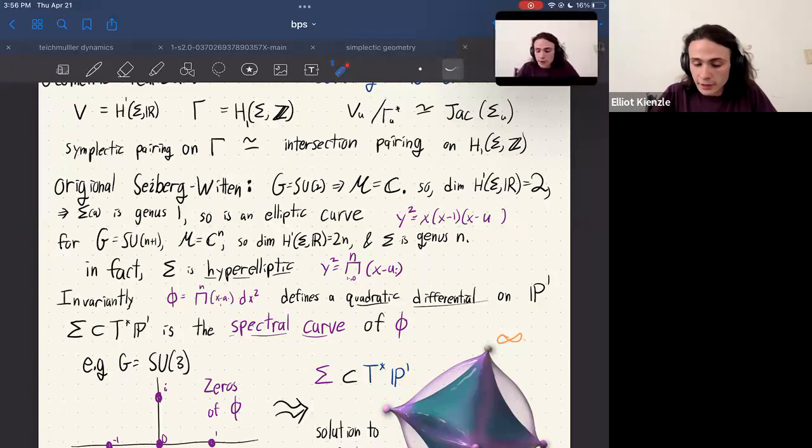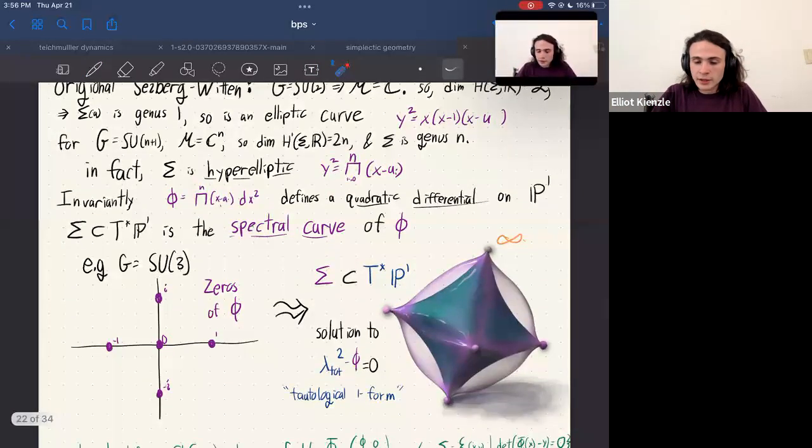So using this polynomial in x here, that's going to give us a quadratic differential valued in the square of the canonical bundle. It's going to give us a quadratic differential on the Riemann sphere, on P1.